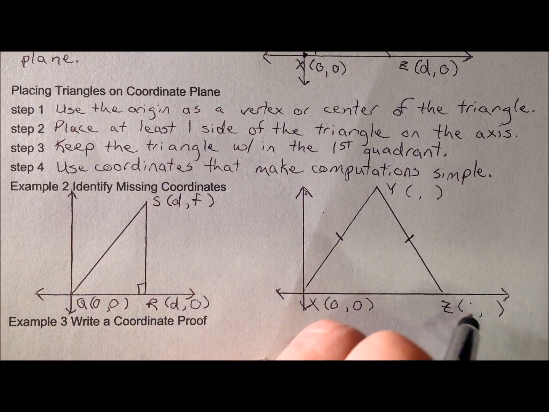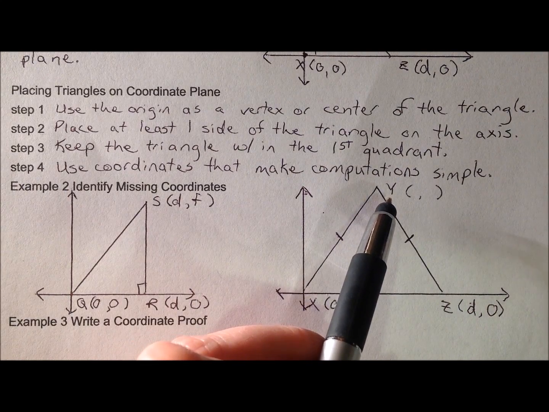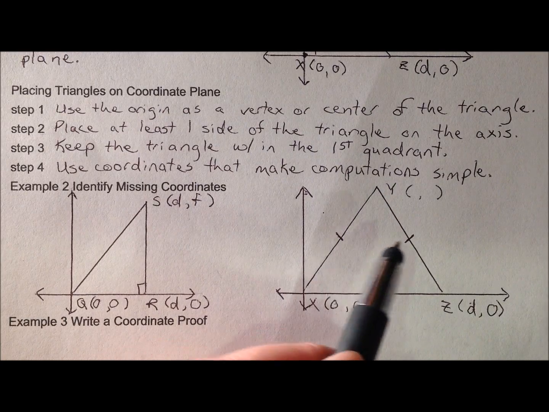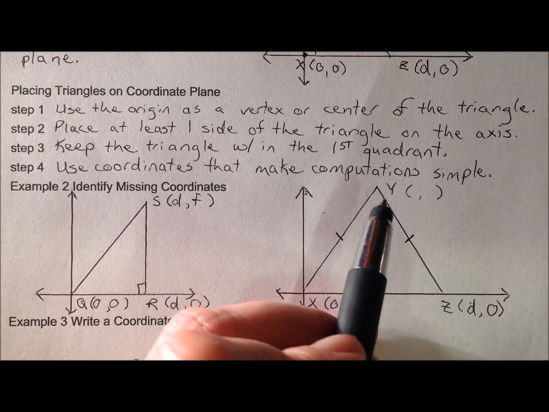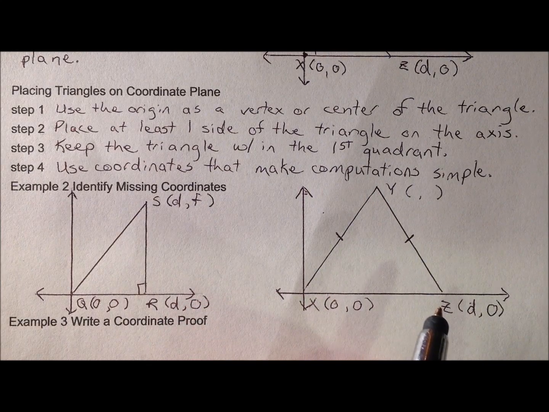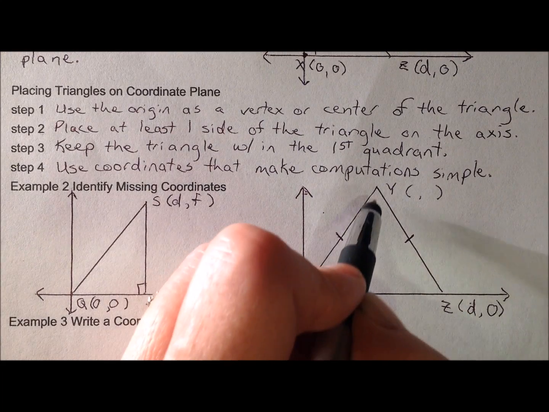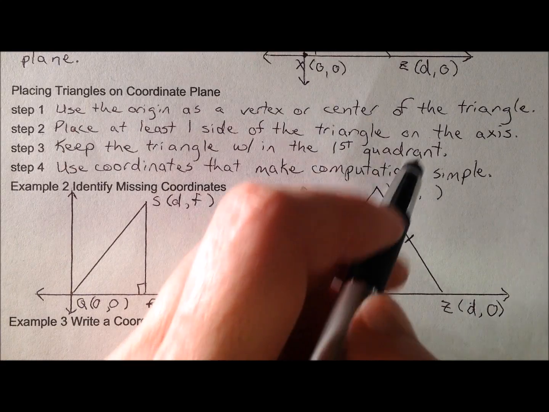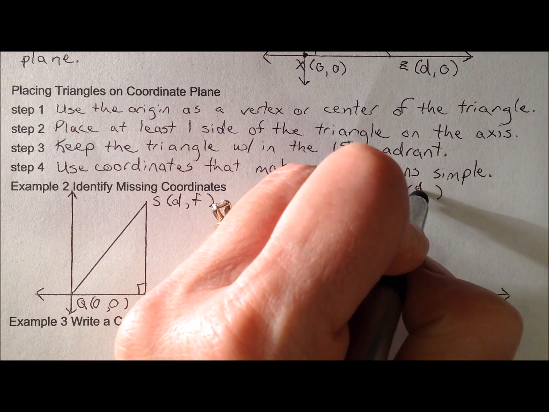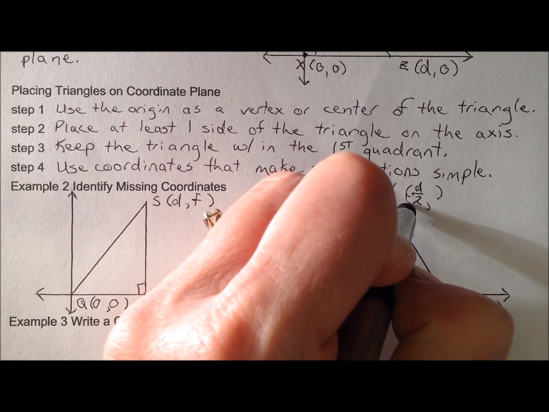Z, well, that can be D and 0 again, but now it gets a little trickier for Y. Since this is an isosceles triangle though, we know that point Y lies halfway between X and Z. Since the distance between X and Z is D, half of the distance between X and Z would give us our X coordinate for point Y. So we can write this as D over 2 for our X coordinate there for Y.